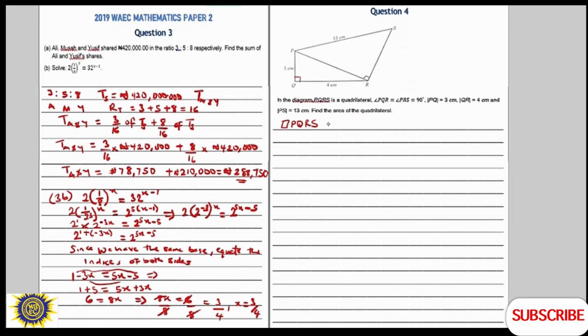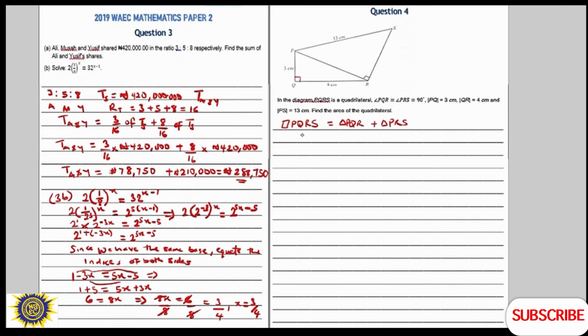So it's made up of two triangles, which is triangle PQR plus triangle PRS. So these are the two things that make up that quadrilateral.